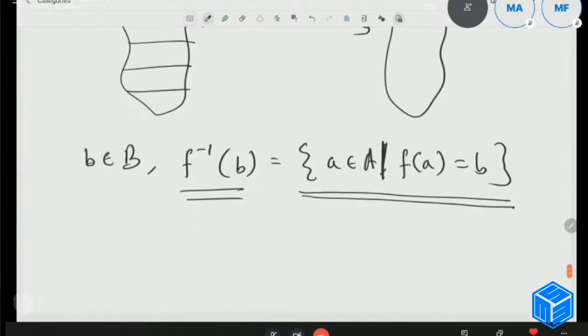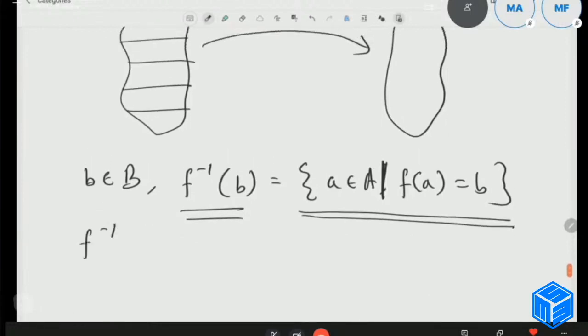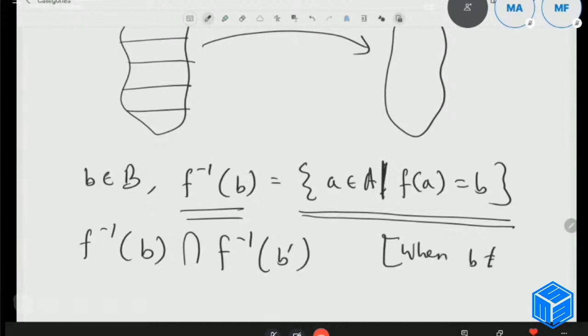So can we ever have F inverse of B intersect F inverse of B prime, when B and B prime are not the same? What's the intersection? It's the set of all A such that... well, hang on a second.